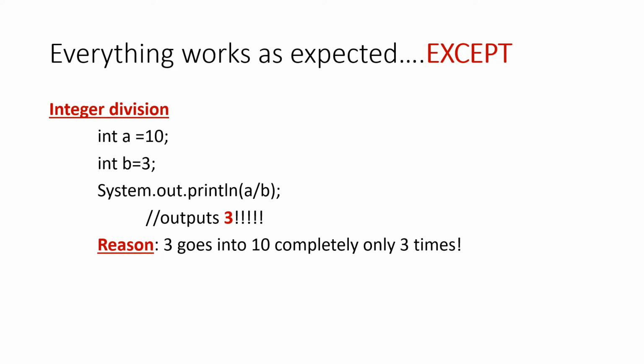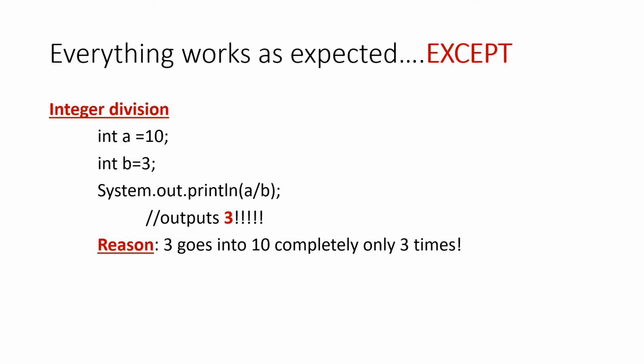Because when there are two integers involved in division, it checks only to see how many times the denominator goes into the numerator, which in the case of 10 divided by 3 is only 3 times. 3 goes into 10 completely only 3 times.